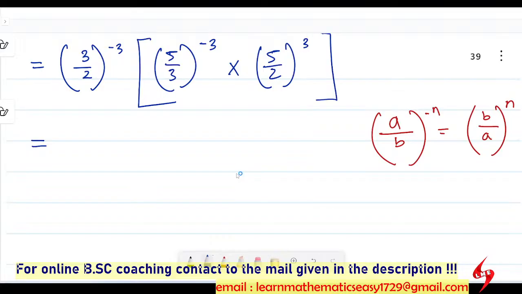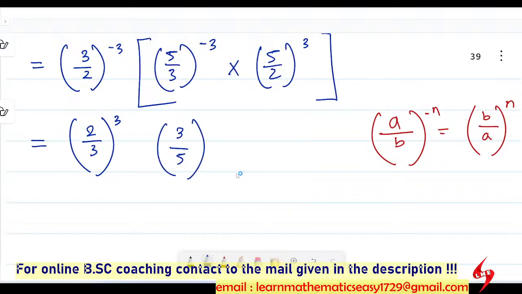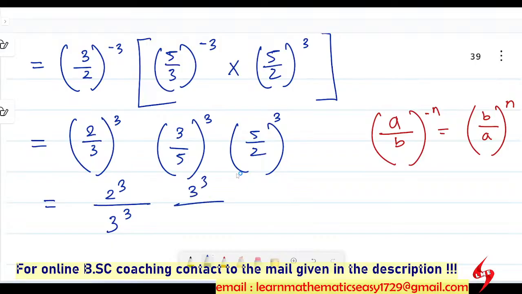So here that will be 2 by 3 whole to the power 3, 3 by 5 whole to the power 3, and 5 by 2 whole to the power 3. So that is 2 cube, 3 cube, 3 cube, 5 cube, 5 cube, and 2 cube.